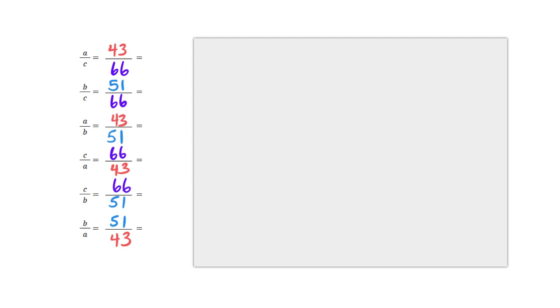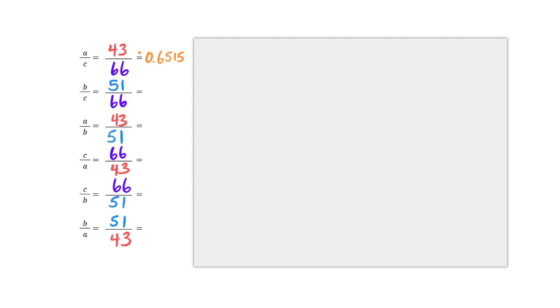Okay, so if I take my 43 and divide it by 66, I am going to get a value of approximately 0.6515 if I round to 4 decimal places. There we go. That is my approximate value. And now I'm going to do the same thing as I go.